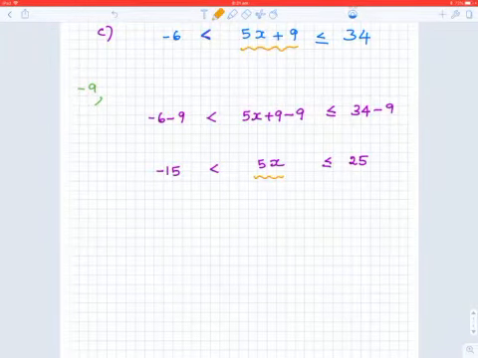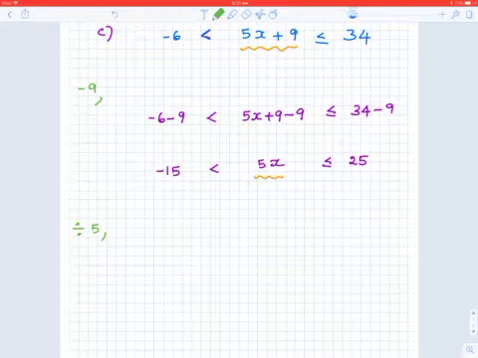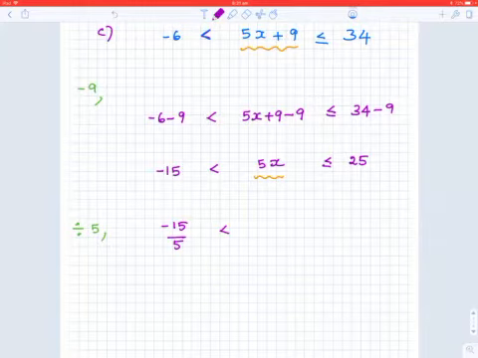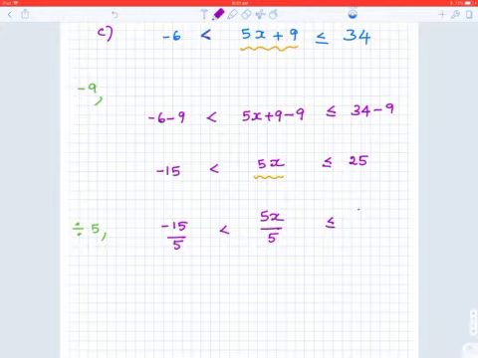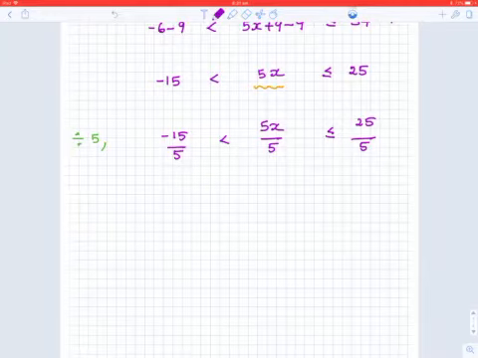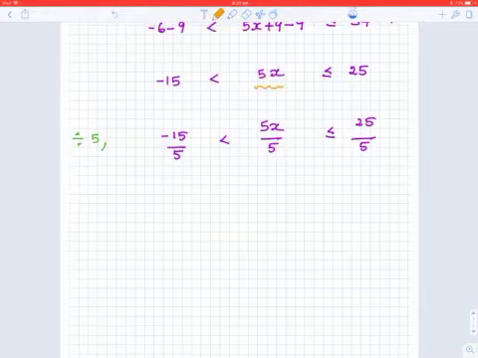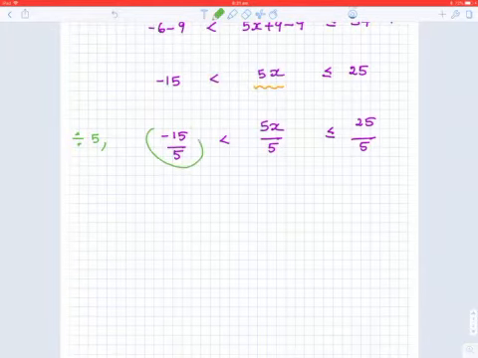Okay, now we don't want 5x. We want only x. So we are going to divide throughout by 5. You are dividing the whole thing by 5, so I'm going to rewrite the question. It's minus 15 divided by 5 less than 5x divided by 5 less than or equal to 25 divided by 5. Now I simplify.